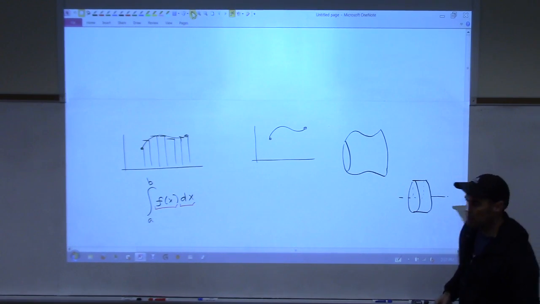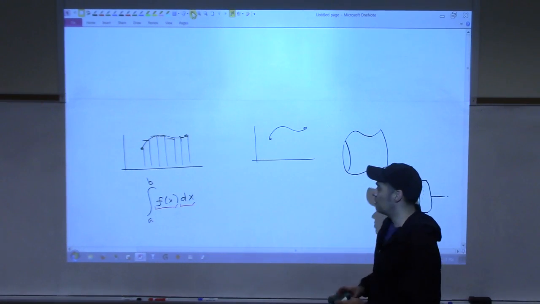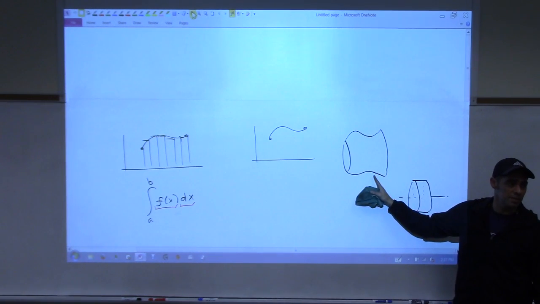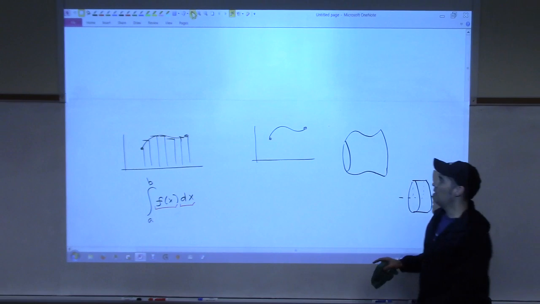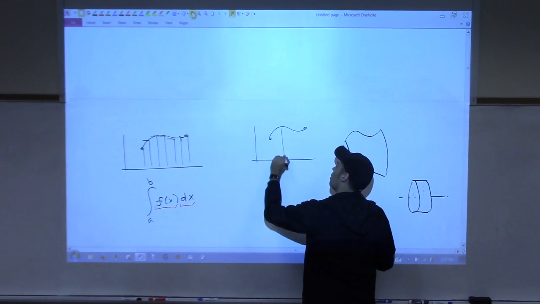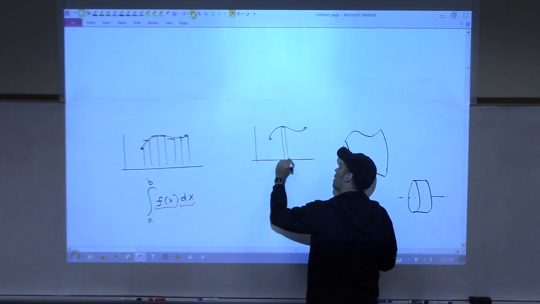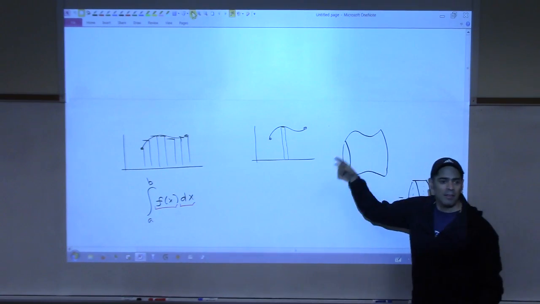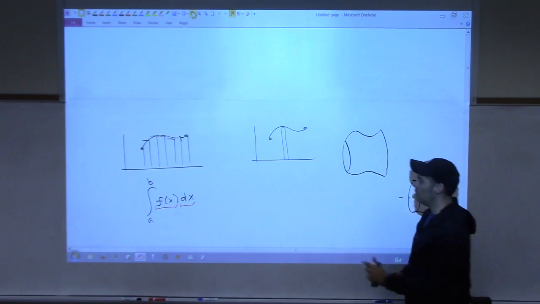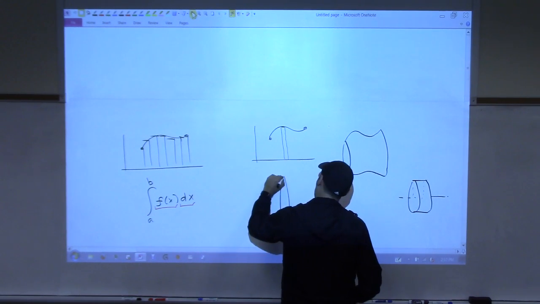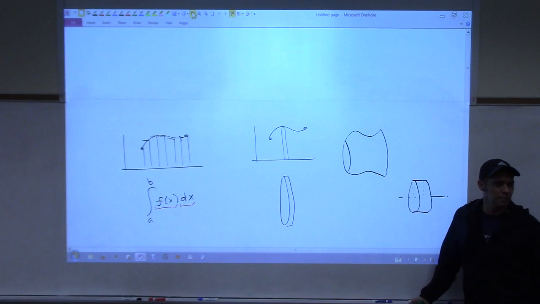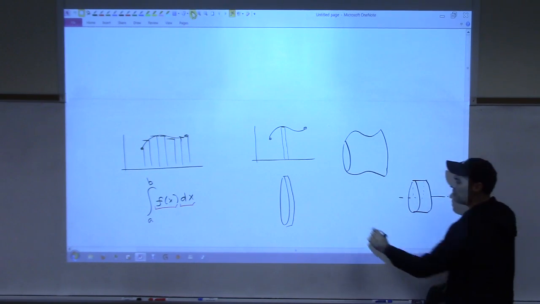Now, what I'm going to do is come up with the formula. I'm going to figure out what the volume of this is. And the way to do it is I'm going to look at just one of those rectangles. What if I took one of those rectangles from over here and wrapped it around the x-axis? Just one of them. If I wrapped it, it would look like this, wouldn't it? And this right here is really a cylinder. What's the volume of a cylinder?